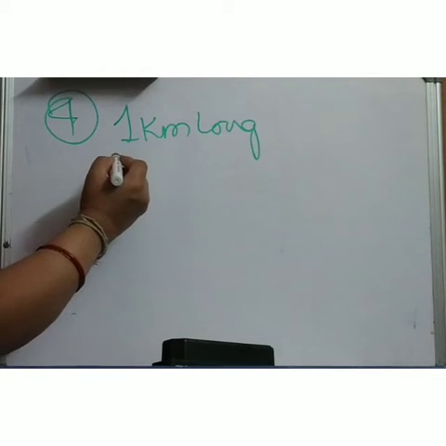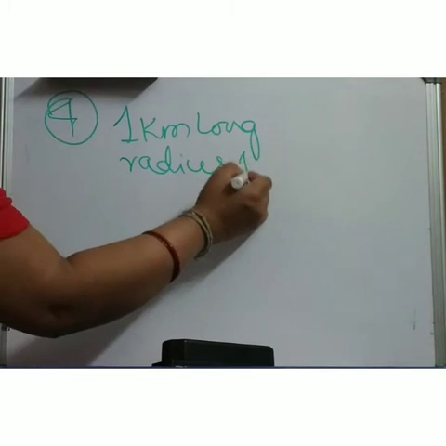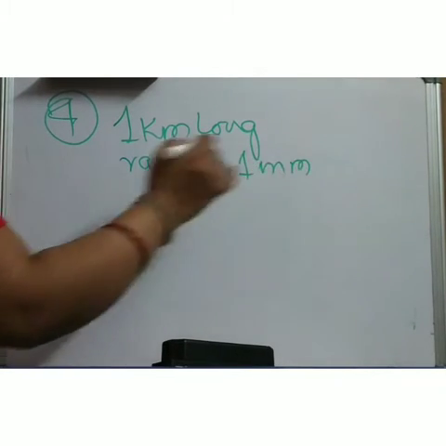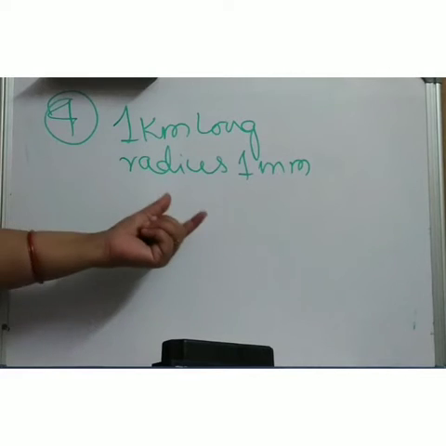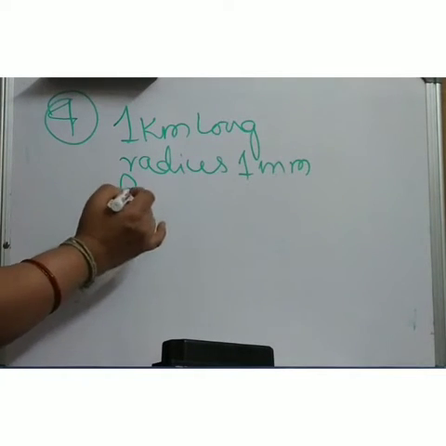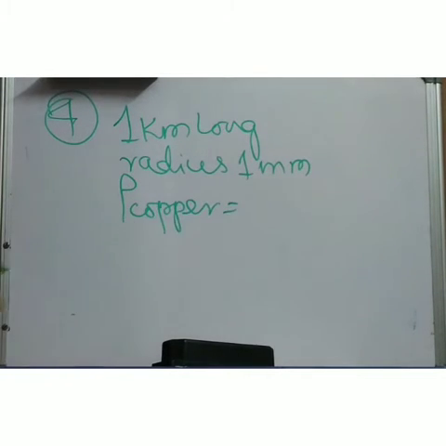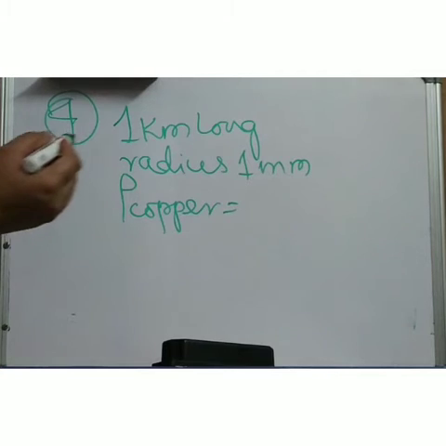The radius is given as 1 millimeter. So length is given, radius is given, and even the resistivity of copper is also given.